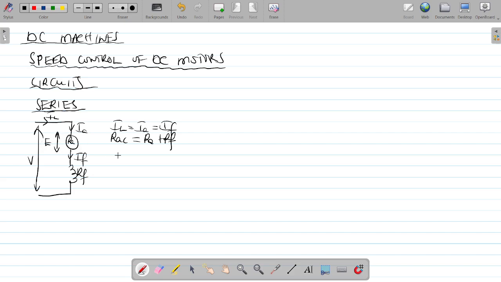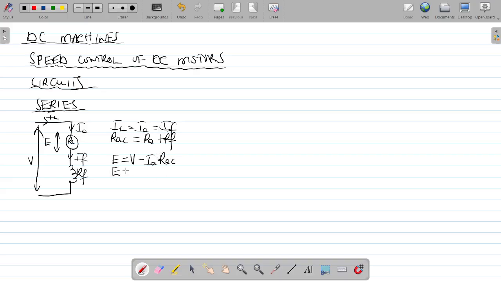Additionally, you have the formula for back or generated EMF. That EMF is just around here. To find that EMF, you're saying EMF equals your terminal voltage minus your armature current times the total resistance which it will pass through. In this case, it's going to pass through RAC.